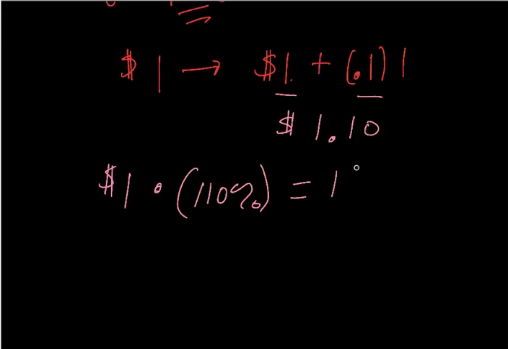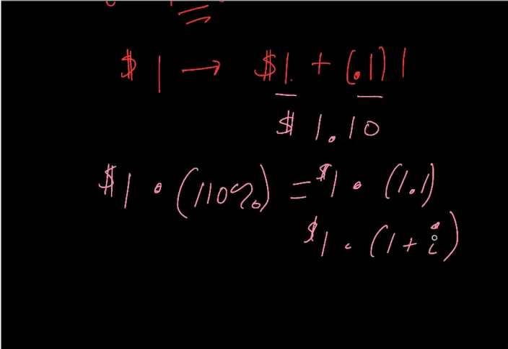It's the same thing as taking a dollar and multiplying it by 1.1, or $1 times 1 plus the interest rate, whatever the interest rate happens to be. It was 0.1. 0.1 was 10%, so 10% equals 0.1 equals the interest rate. So I added that to the dollar and I multiplied it.